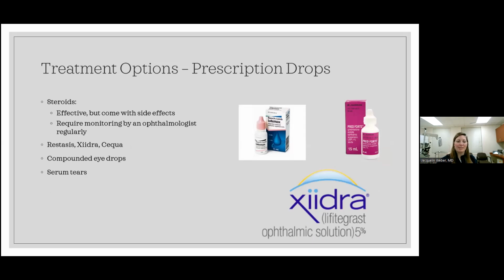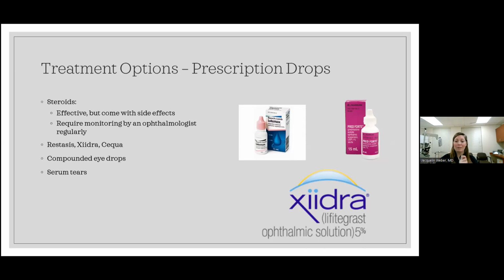So prescription eye drops can sometimes include steroid eye drops. They can include prescriptions. Many patients have heard of the names like Restasis or Xiidra or Cequa. There are also some specialty drops that can be compounded from specific special pharmacies, not the CVS or the Walgreens, but they come from specially made pharmacies and can be helpful for treating dry eye, as well as something called serum tears, which are eye drops that are actually made out of some of the components in the patient's bloodstream.